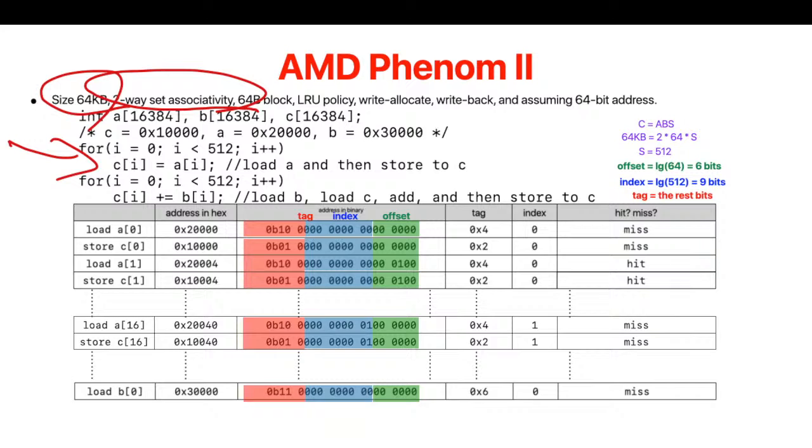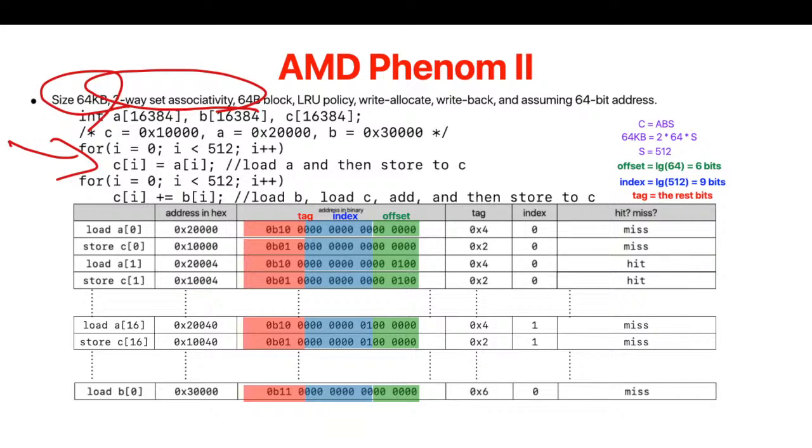So in this case, if your array is smaller than 32 kilobytes, they can all be kept in the cache. Agree with that? Because you have 2 ways, it's very likely one cache array is for array A, the other cache array is for array C. They are all together.